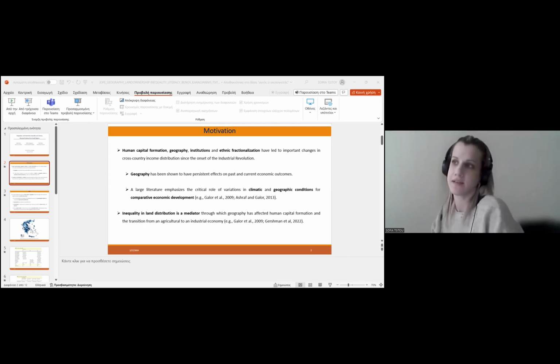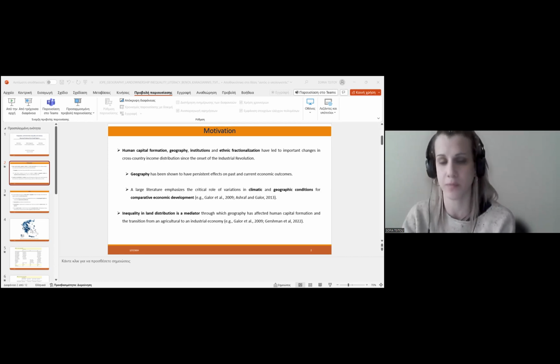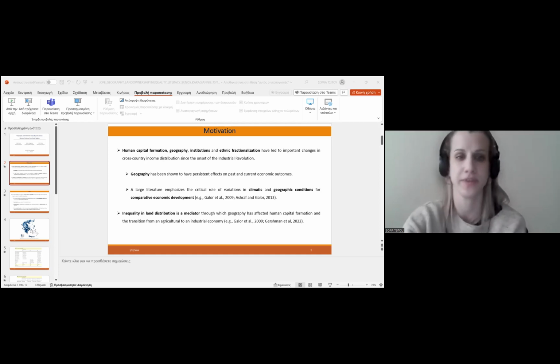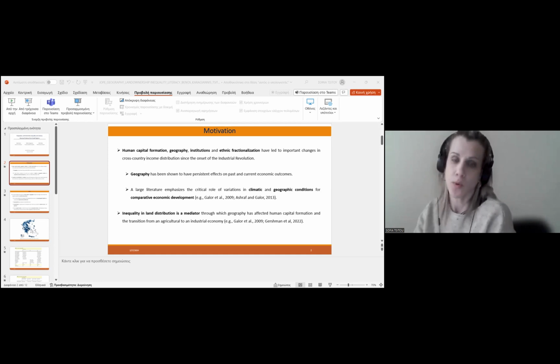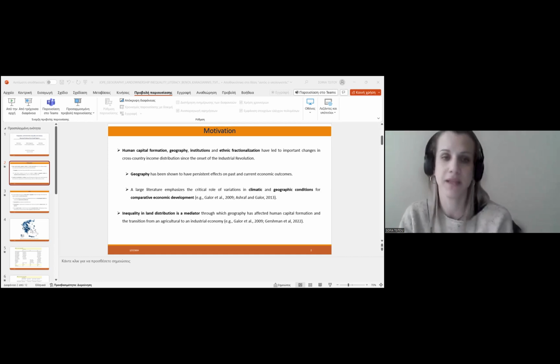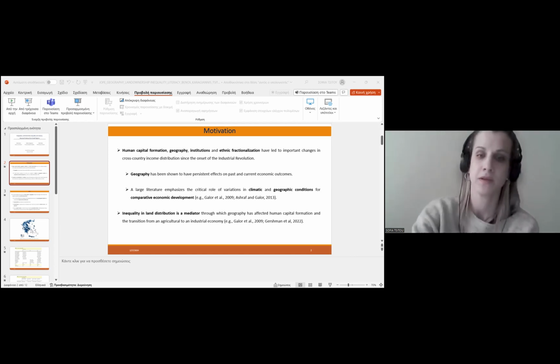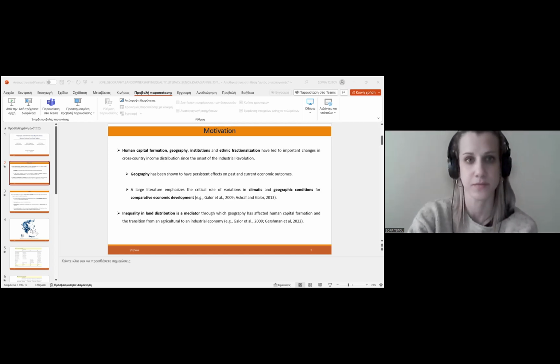A large literature emphasizes that climatic and geographic conditions play critical roles in comparative economic development, such as Galor and Mountford in 2008 and Ashraf and Galor in 2013. So we want to investigate whether inequality in land distribution is a mediator through which geography has affected human capital formation and the transition from an agricultural to an industrial economy, according to previous researchers. Our aim.